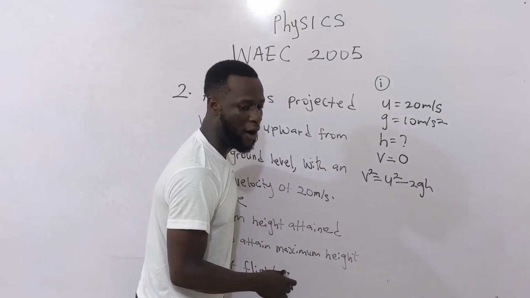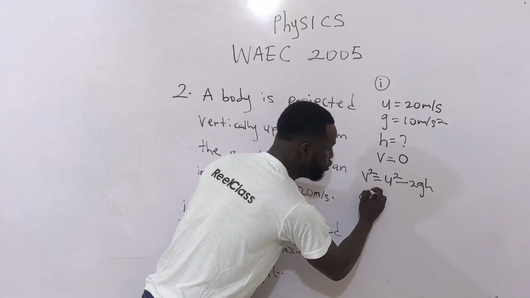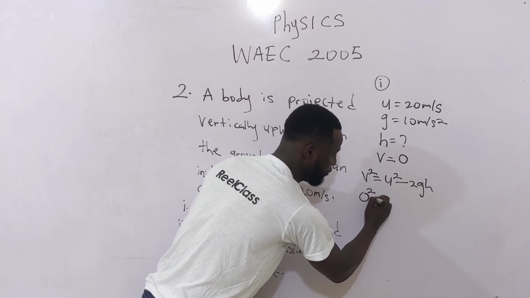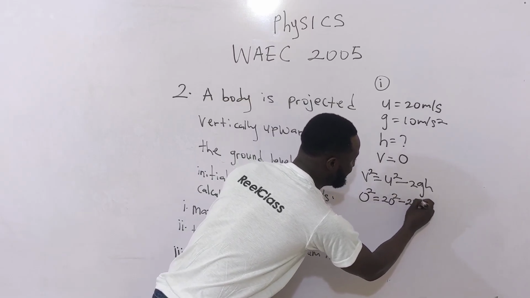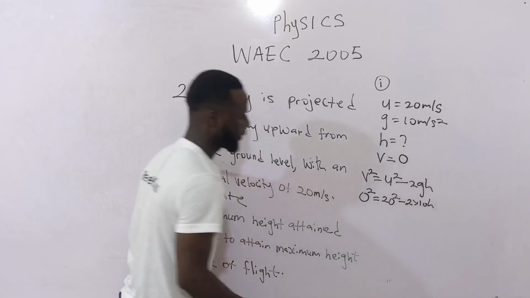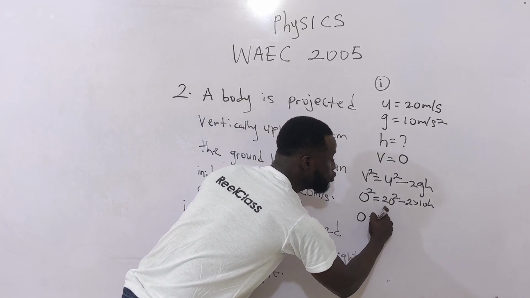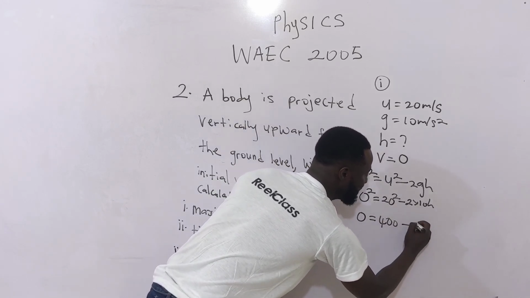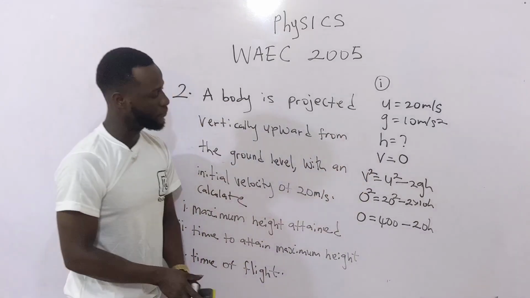Let's put in our parameters. Now, if we put in our parameters, we are going to have v squared, v is equal to 0, so I have 0 equals 20 squared minus 2 times 10, h. This is going to be 0 is equal to 20 squared, which is 400, minus 2 times 10h, which will give us 20h.